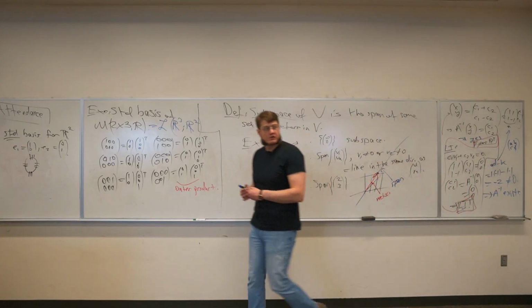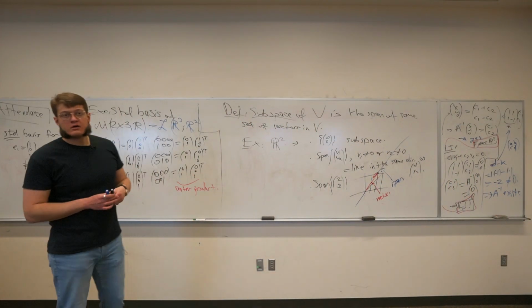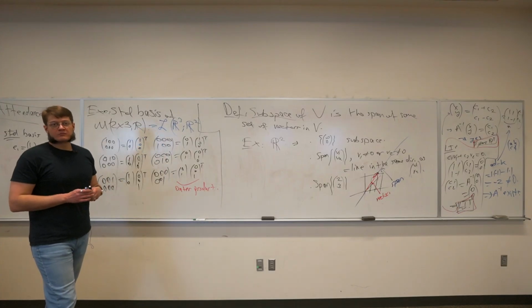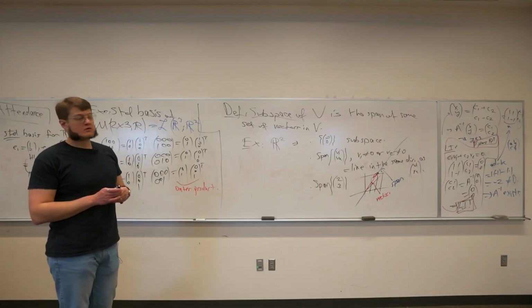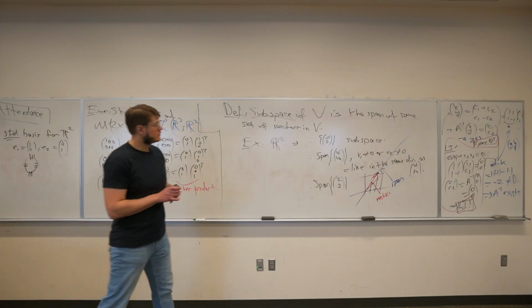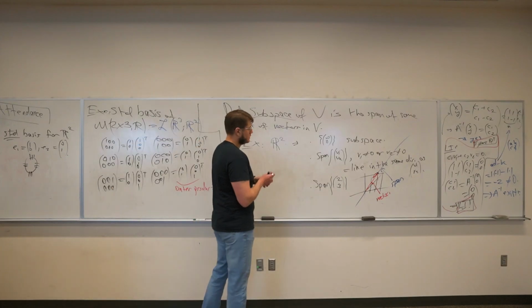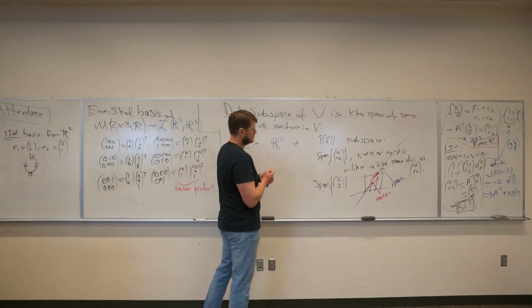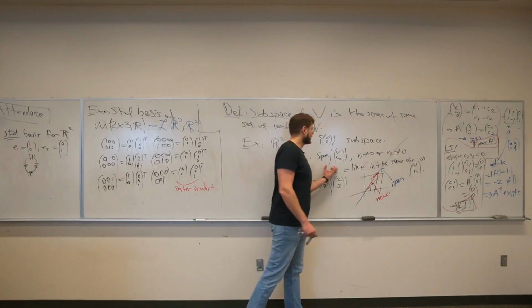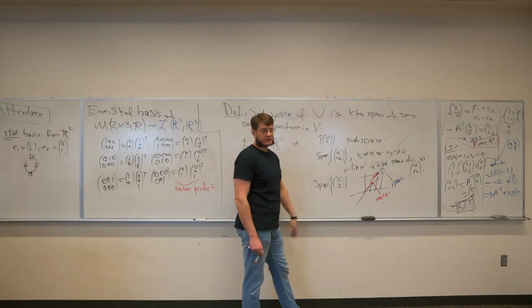How would I express this subspace? Would I just say the subspace is 3v2 equals 2v1? What do you mean, how do I express the subspace? I would say this is the span of v1, v2.